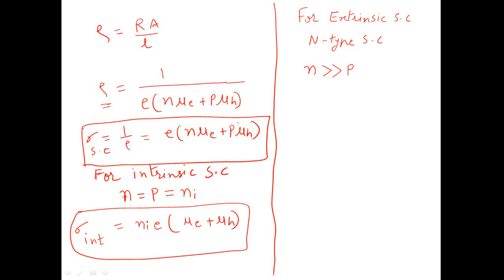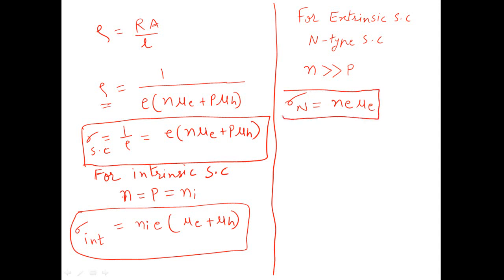Then we obtain the expression for conductivity of n-type semiconductor, that is sigma n is equal to n into e into mu e.